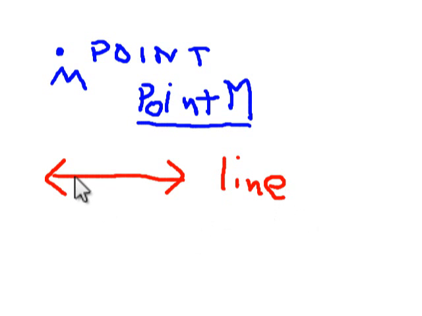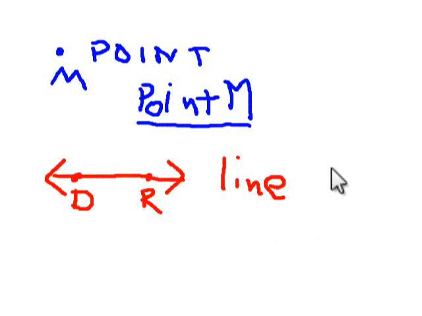Then when you label this line, you're going to pull 2 points out of the line. We're going to specify those, and we're going to name them with a capital letter each. So I might name that point D and that point R. So that's labeling.